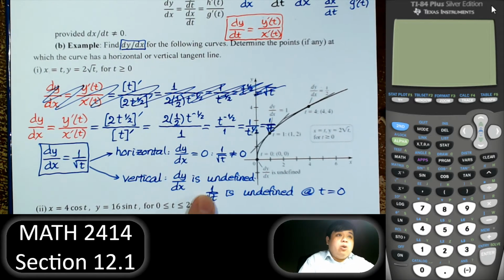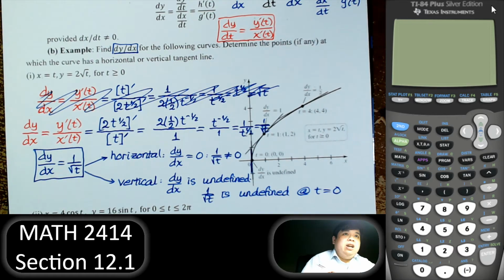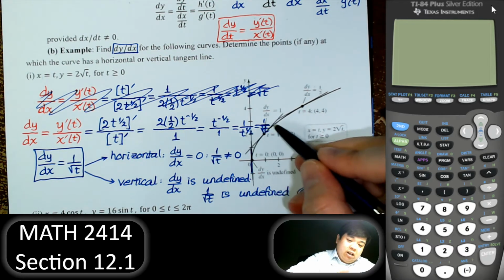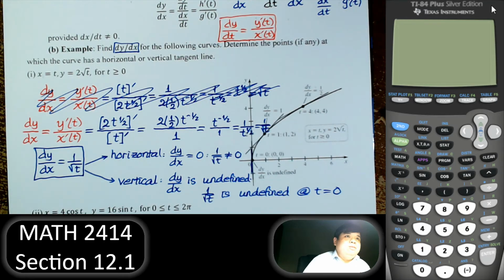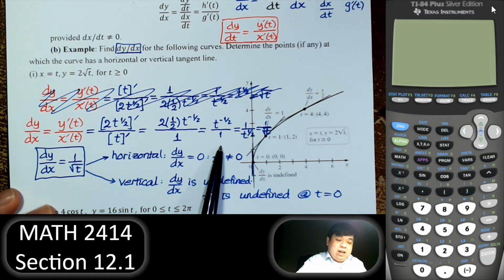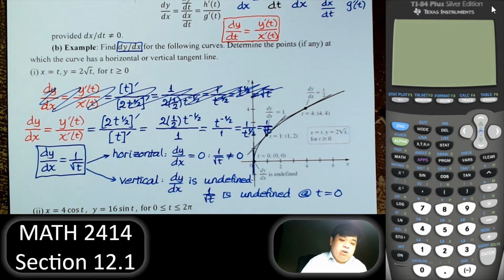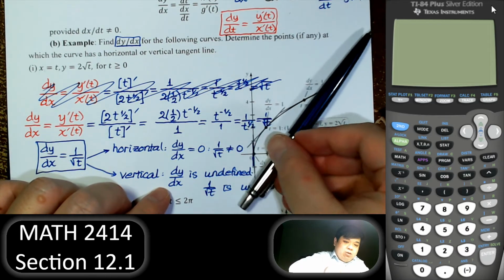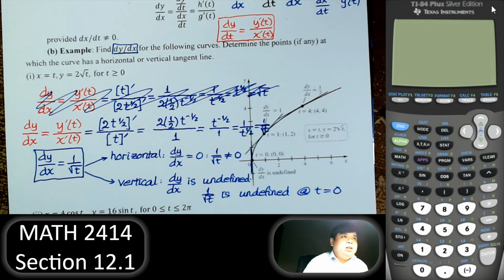If we divide by 0, it's undefined. So vertical at t equal to 0, of course we have that vertical tangent line, and after that, it will not be horizontal. It will be horizontal when t approaches infinity. In this case, that will go to 0. Yeah, t has to go to infinity for this to be 0. So it's just flat out, and when it approaches infinity, it will be horizontal. Right, so that's what we have.